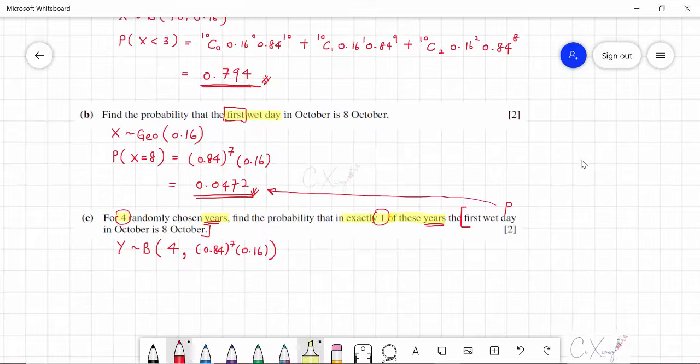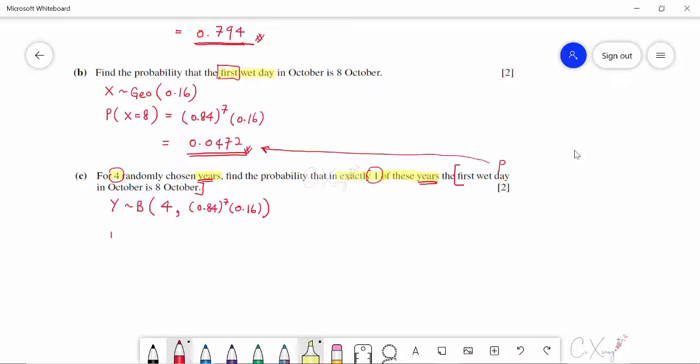Okay, and then next, what is the probability that they want us to count? They want us to calculate the probability of y equals 1 year. So it will be 4C1, this is my P, so P power 1, then Q is 1 minus P, power 3.